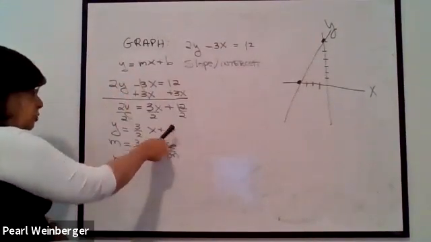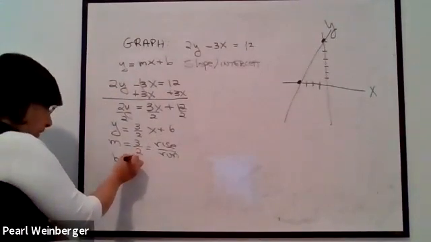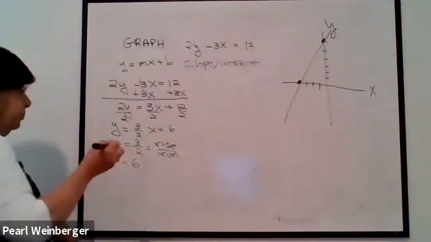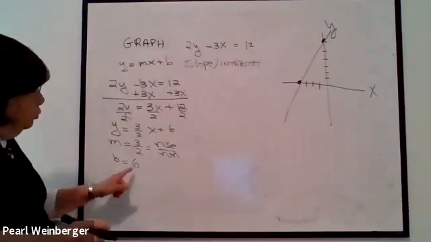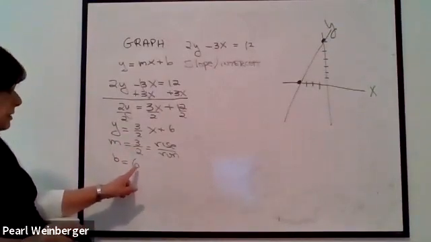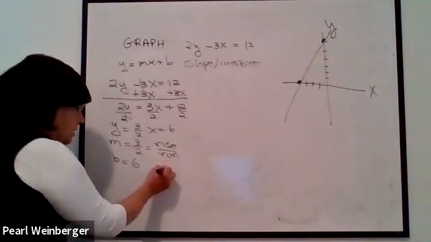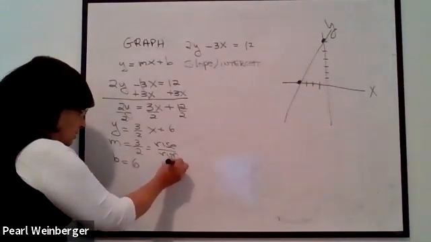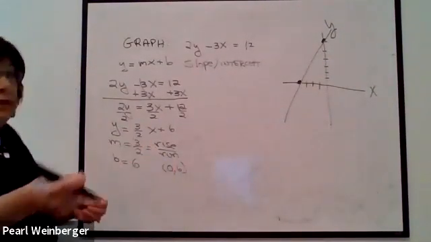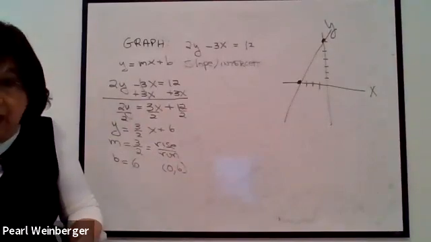In this case, the y-intercept is 6. Which means it's going to cross the y-axis at 6. Now, the better way to say that is that the y-intercept is the point 0, 6. Because it's a point, it really needs an x and a y value.